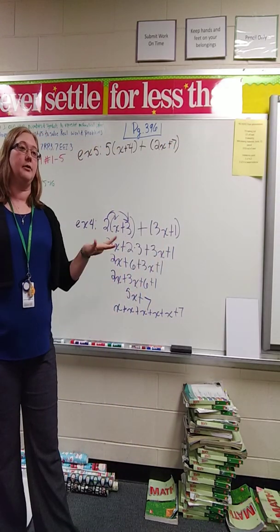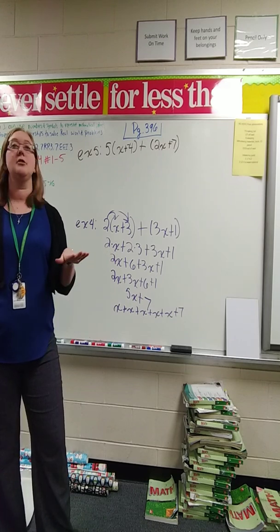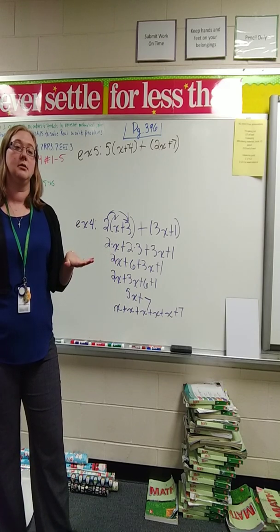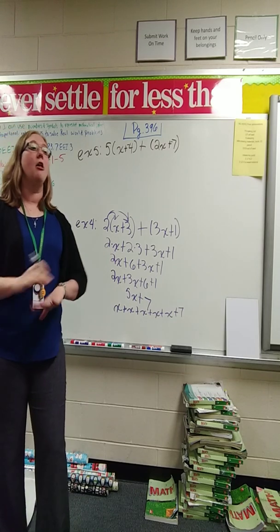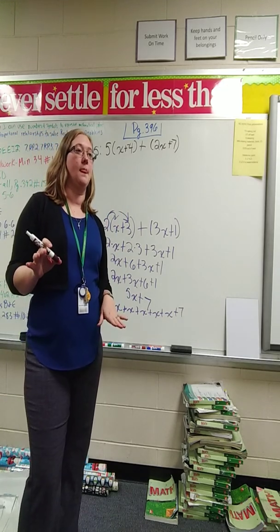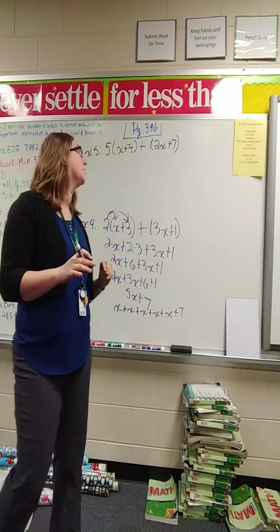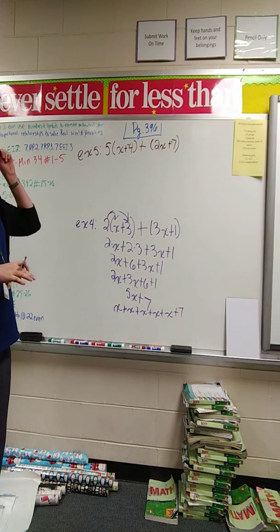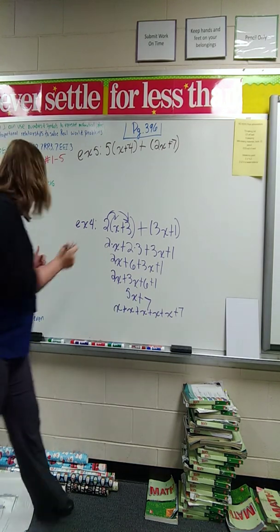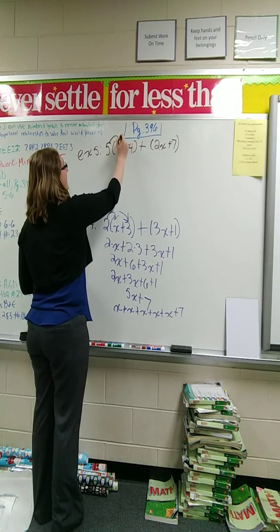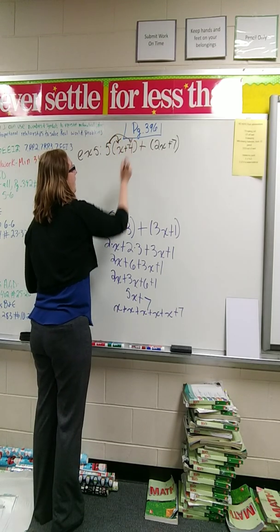That took care of that issue, so now I can use all of my properties. Now I have all of my tools available to me to simplify this. Using the distributive property first: 5 times x, 5 times negative 4.